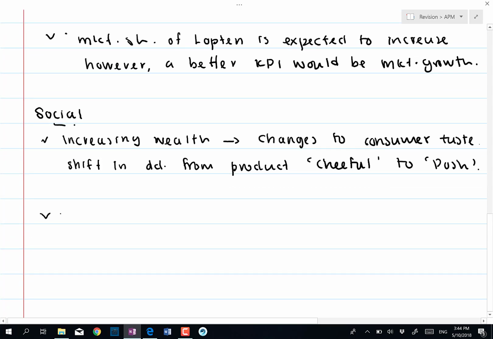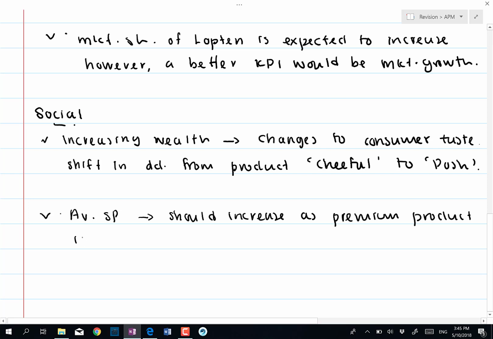Meanwhile, for relevant KPI, which KPI might be relevant? The average selling price could be an effective one, because the average selling price should increase as premium product is generally more expensive.